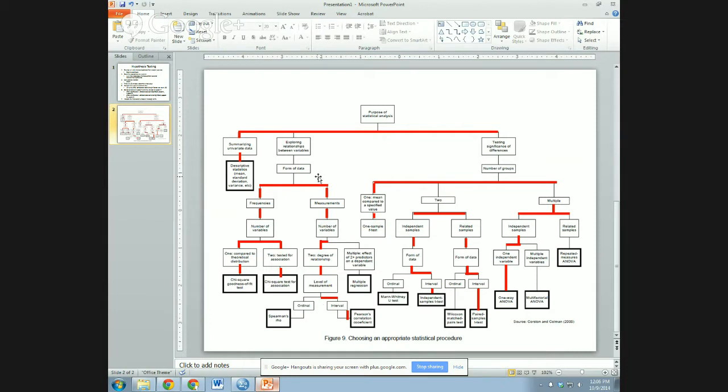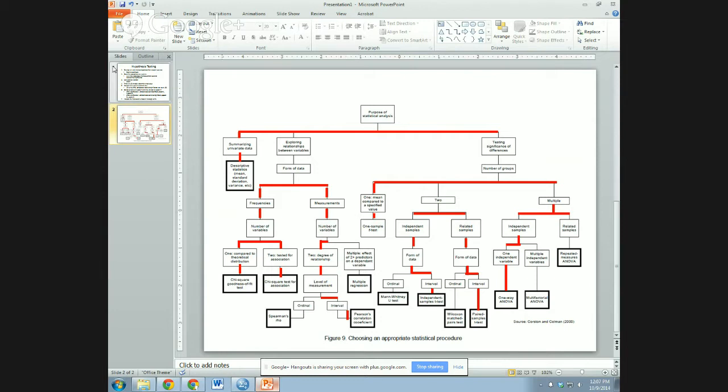And then if we're looking at the effect of predictors on a dependent variable, we use regression. When we have one predictor, we are just using univariate regression. But if we have more than one predictor, then we're using multiple regression.